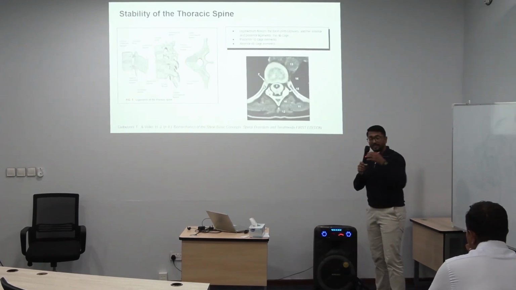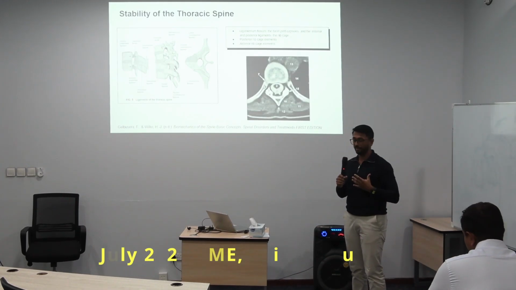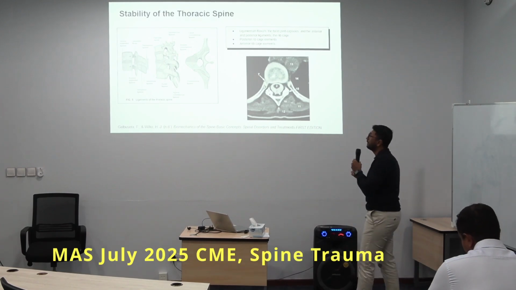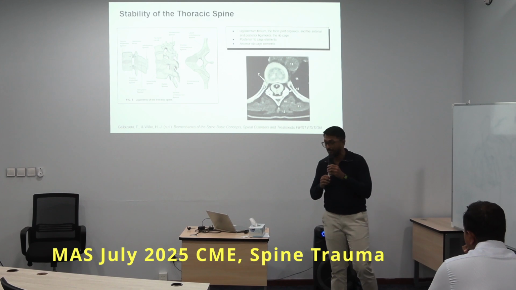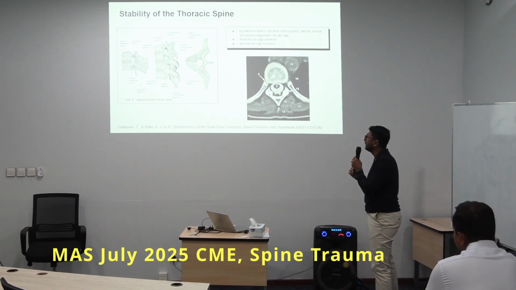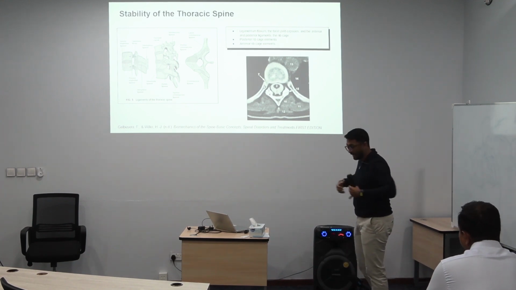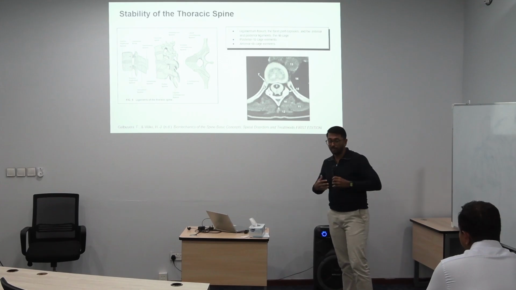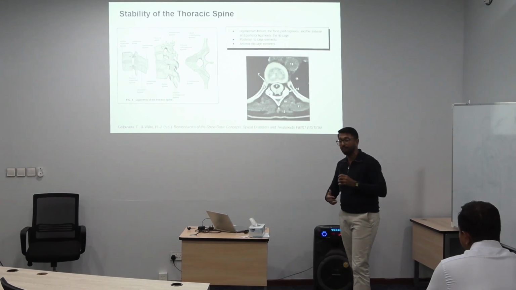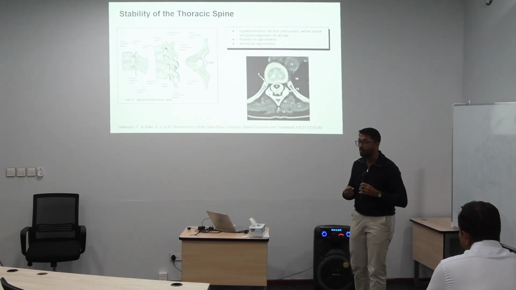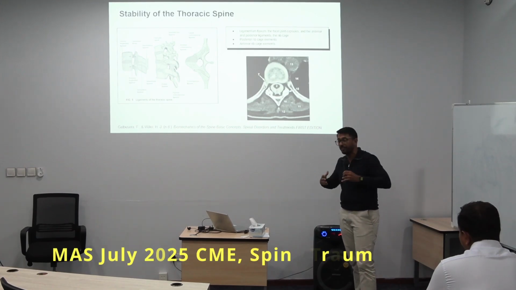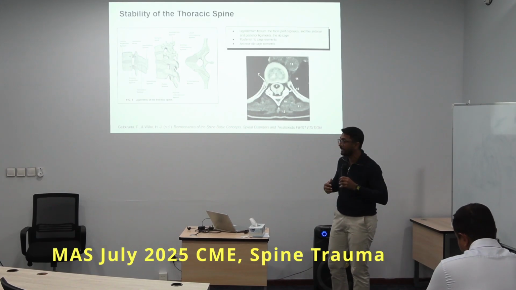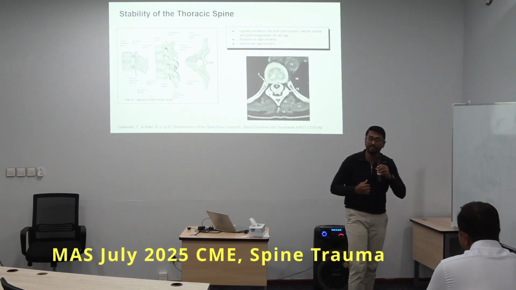So how is the thoracic spine stabilized? Such a massive structure. We are going to think about the ligaments, which we'll dive into a little later in the presentation, and also the costovertebral joints. What these joints do is not only assist in breathing with the pump handle and bucket handle movements of the chest wall, they also make it a very rigid structure, providing posterior as well as anterior stabilization.